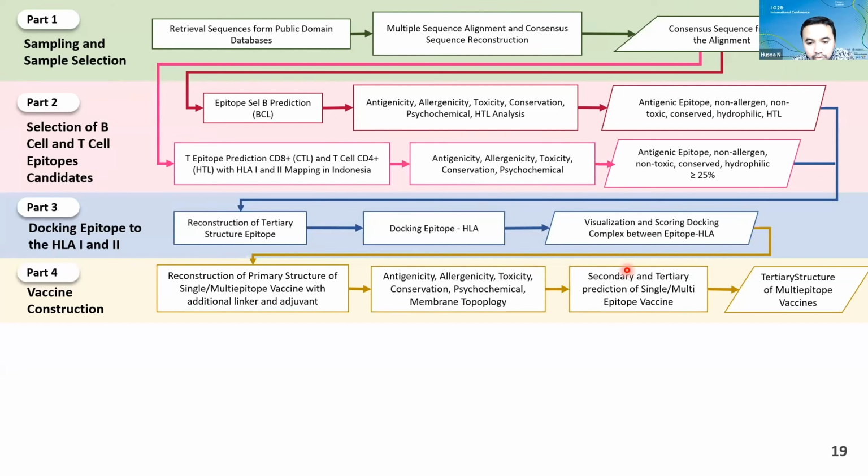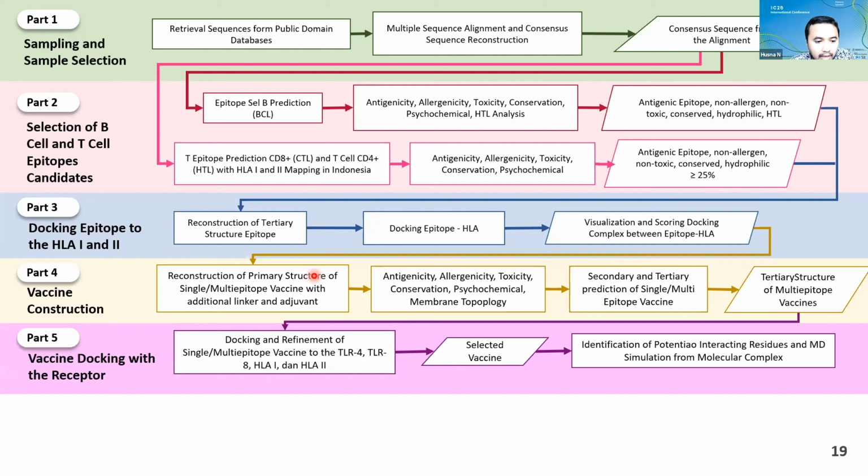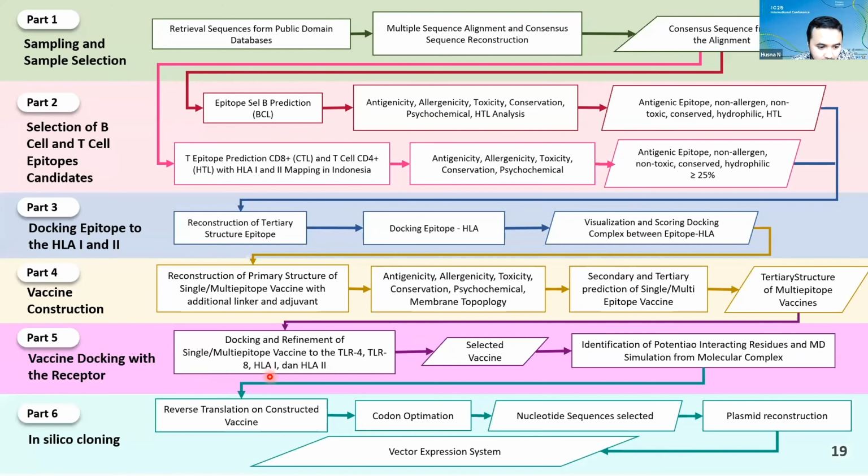We can make a single or multi-epitope vaccine with additional linker and also adjuvant. Here we did the vaccine docking with the receptor. And in the last part, we did the in silico cloning, so we can get the plasmid reconstruction in the vector expression system.